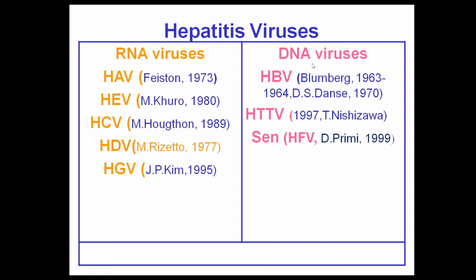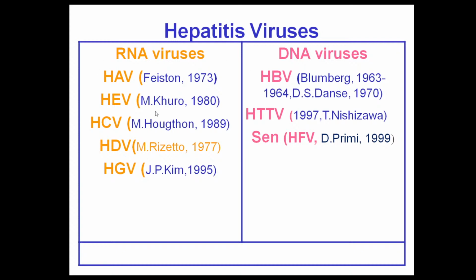So let's start with this table. You can see here the common table for both oral hepatitis viruses and parenteral hepatitis viruses, mentioning when they were discovered. You can see that the first discovered were hepatitis B virus and hepatitis A virus.